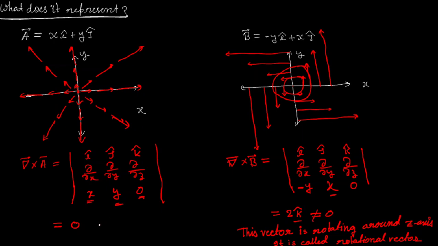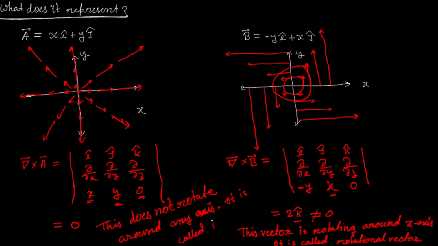So we can say this vector does not rotate around any axis, and this type of vector is called an irrotational vector.